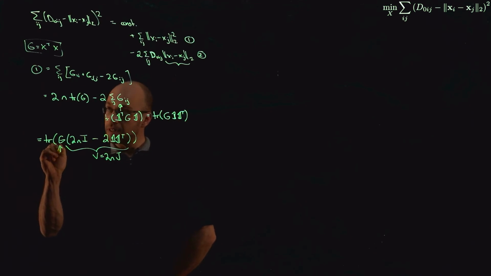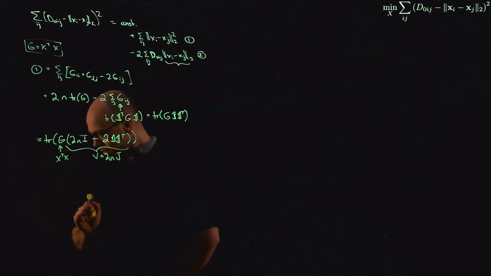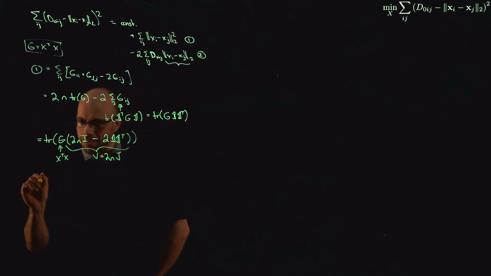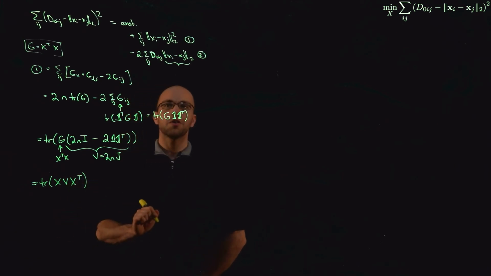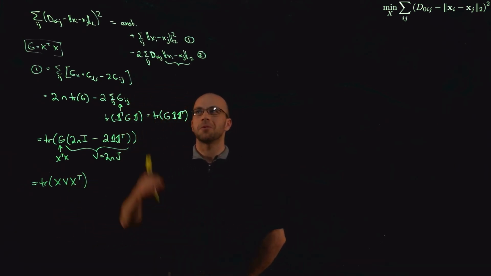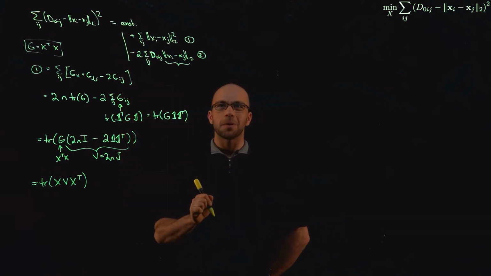Remember that G, again, is equal to X transpose X. So in particular, by the cycle property, we can write this whole thing as the trace of X V X transpose. Okay, so this is a nice, slick way to write term number 1 in our objective function for this SMACOF problem.